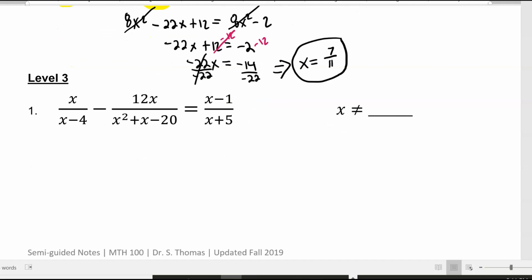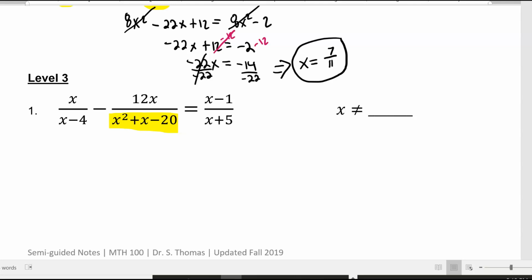Now level 3 is level 3 because you have to factor this denominator first. Also in this level you will encounter a situation where you can't get rid of that x squared term, okay? You work with what you have and follow the steps of solving equations when your degree is at least 2 or more.